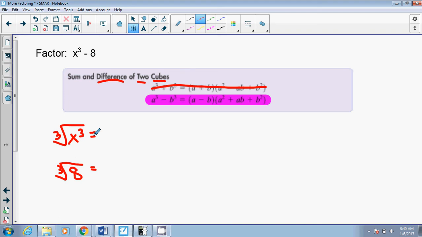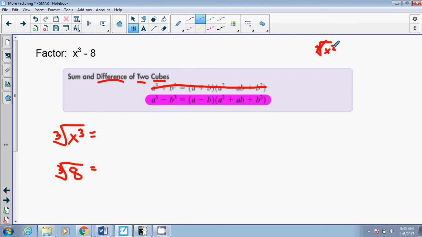Hopefully you know a little bit about roots from Algebra 1, but cube root and a cube actually are opposites of one another, just like a square root and a square are opposites of one another. Technically in a square root there is a 2 written here, it's just we don't write it. So the square and the 2 of the root are opposites of one another.